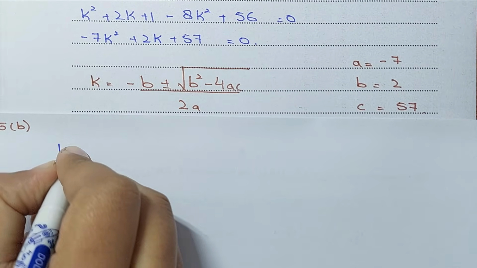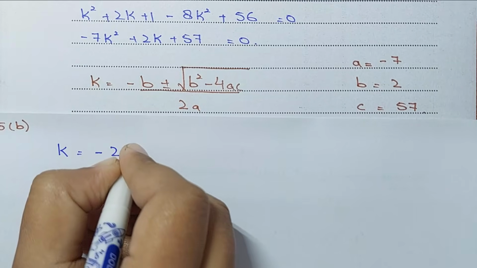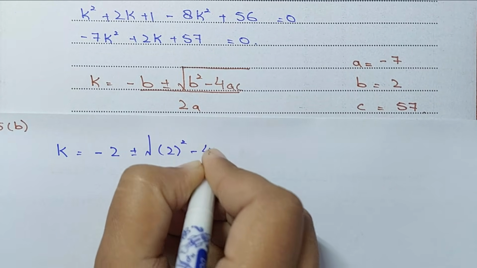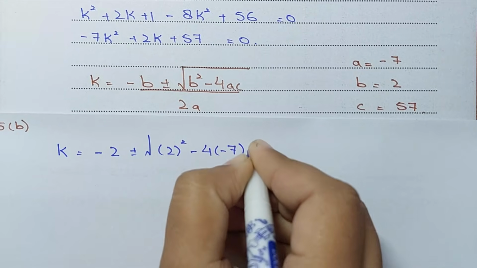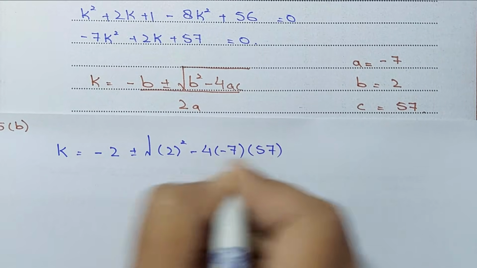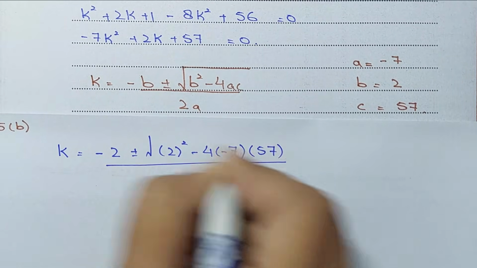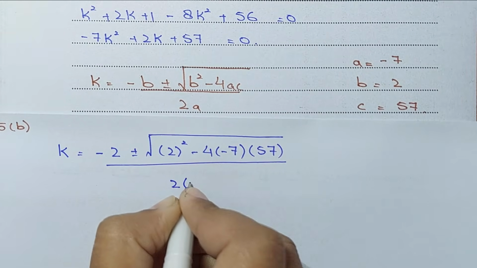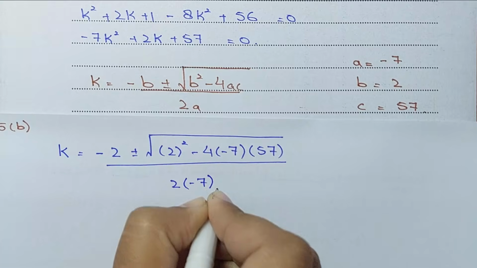Now k equals negative b plus minus square root b square minus 4ac, divided by 2 times a, which is negative 7.